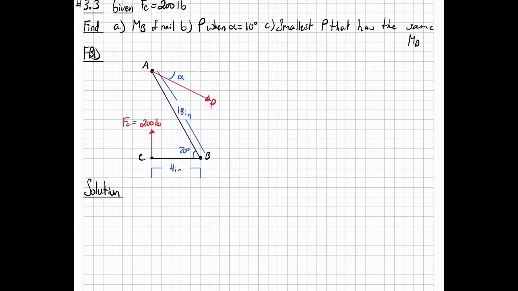Okay, so to start off, we're going to start off with the first one. So we're going to do the sum of the moments about B is equal to 0. I'm stating that it's positive counterclockwise. So we have a negative 200 pounds times the 4 inches is equal to 0. The way that I do my moments is I take the force times the perpendicular distance.